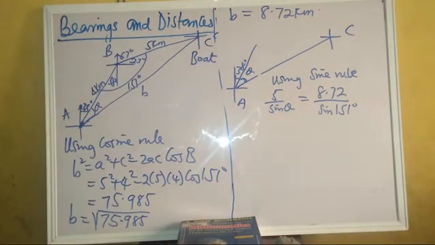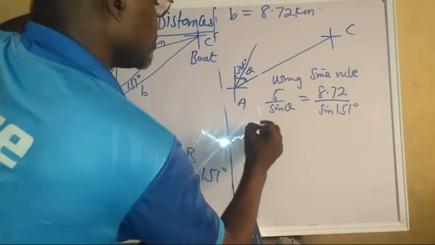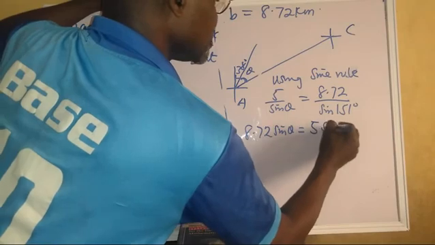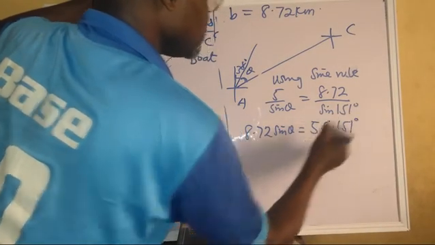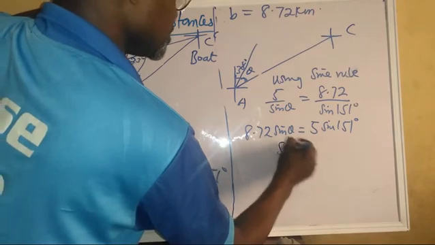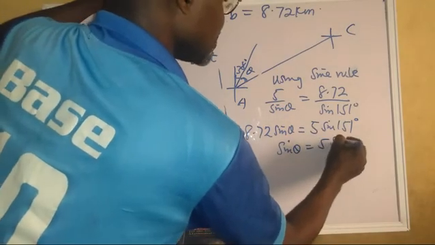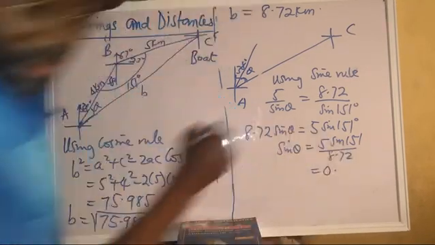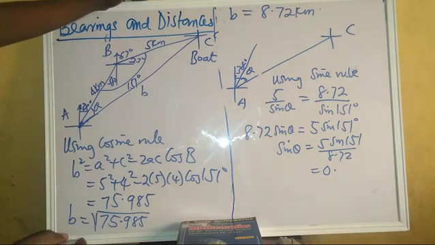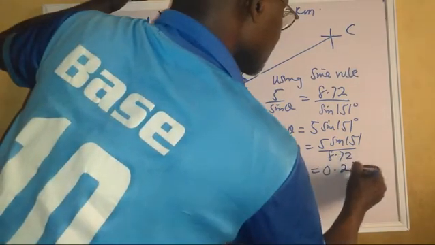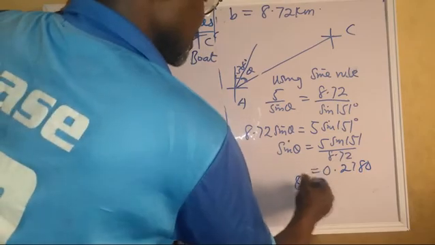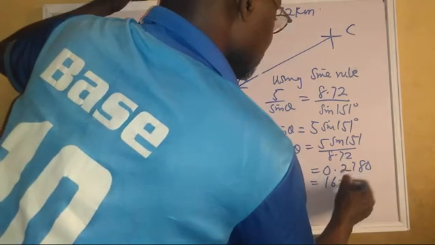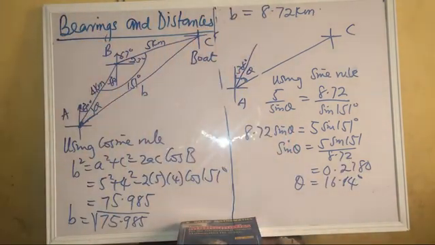That will be 8.72 sine theta equals 5 sine 151. Making sine theta the subject, we have 5 sine 151 divided by 8.72. That's 0.2780. Then our theta is 16.14 degrees.